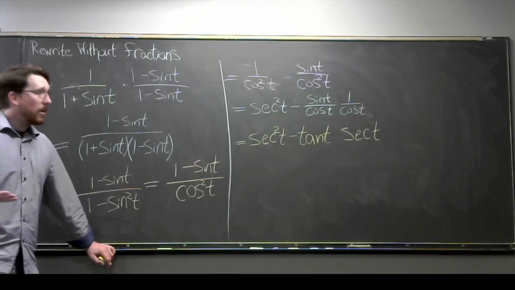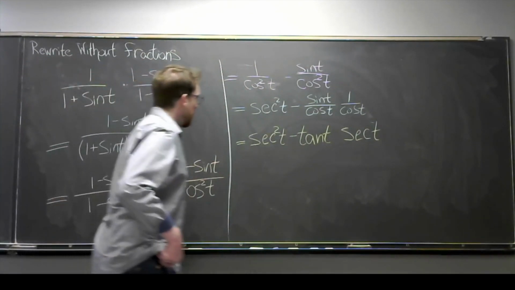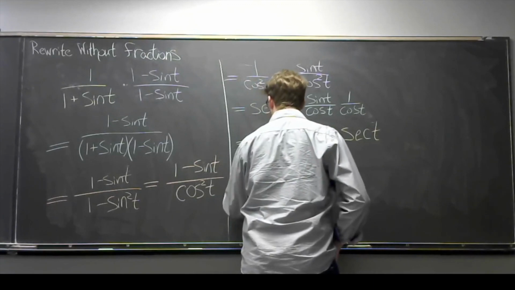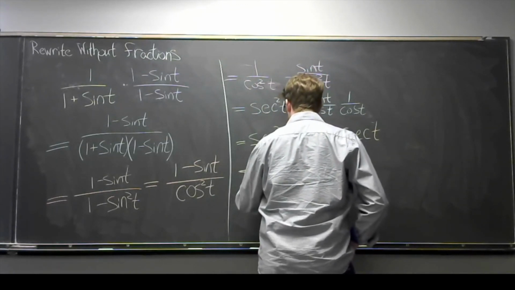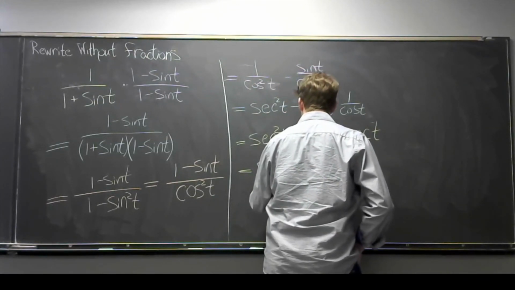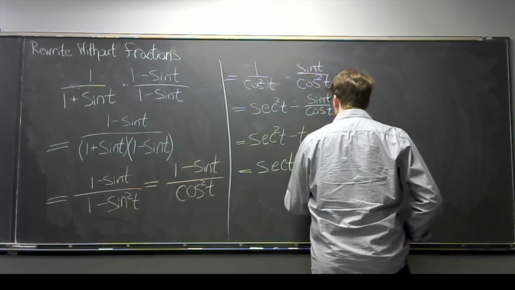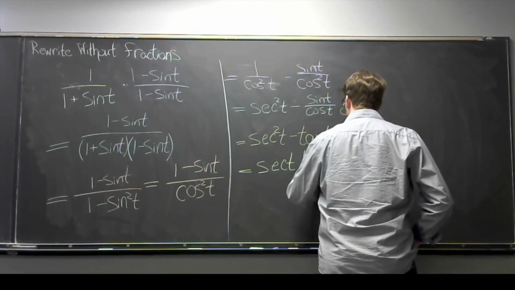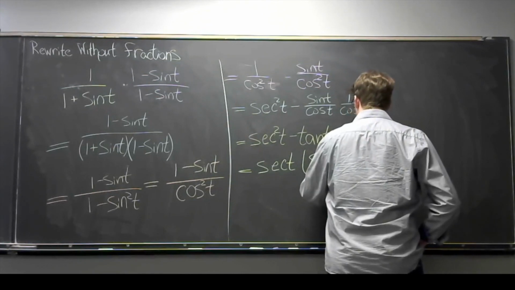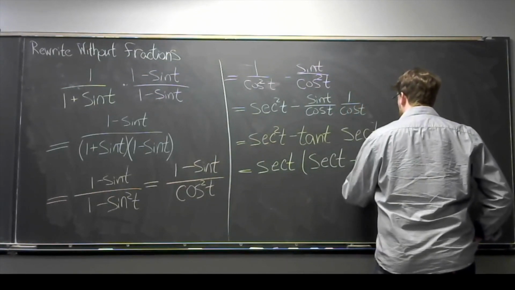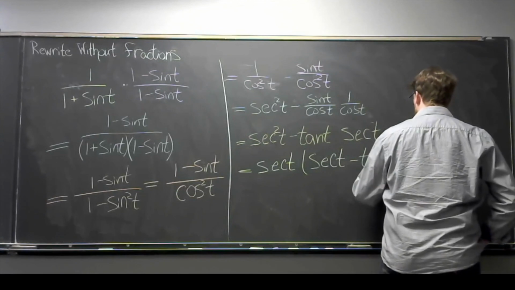Which if we wanted to factor, we could. This would factor as secant of t times the quantity secant of t minus tangent of t.